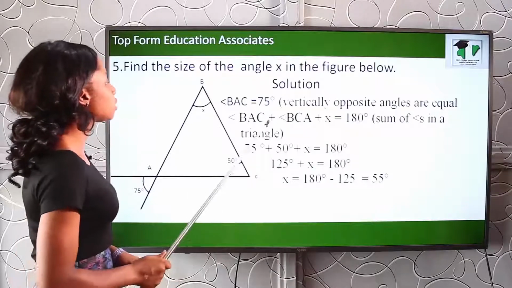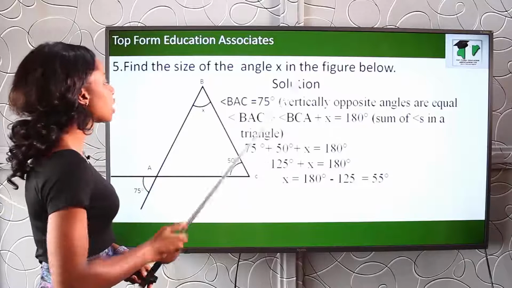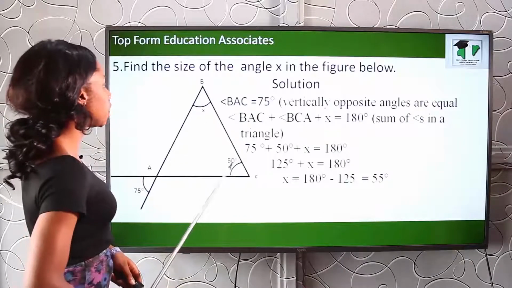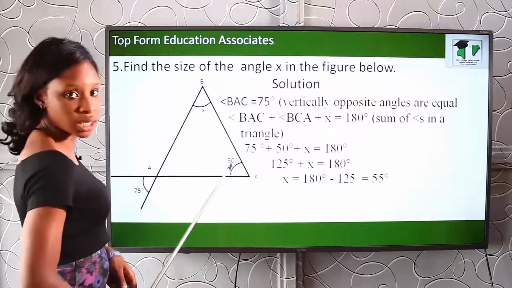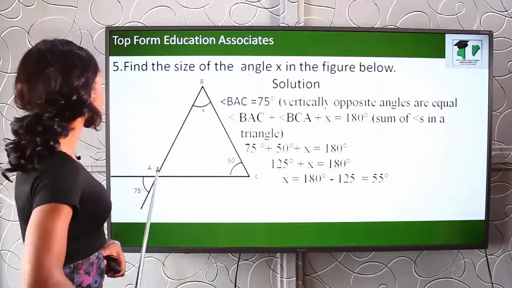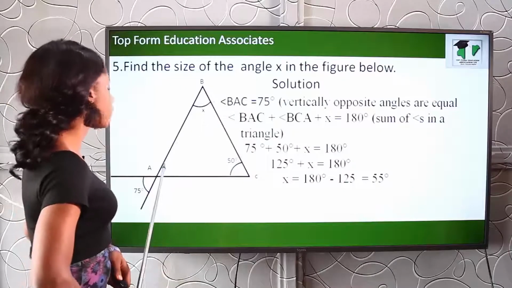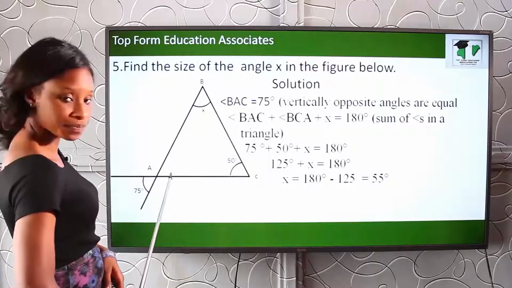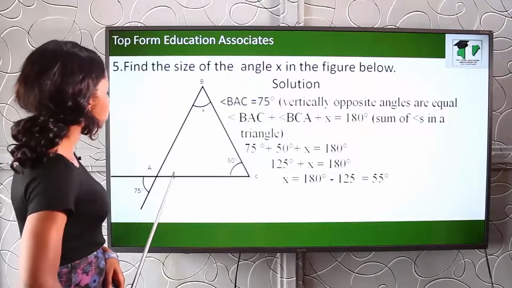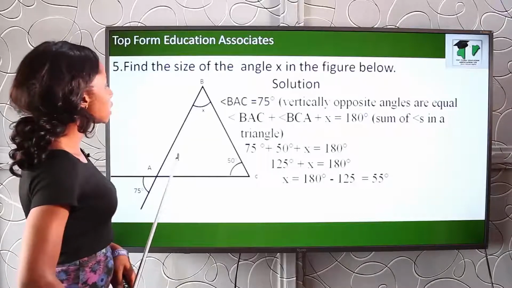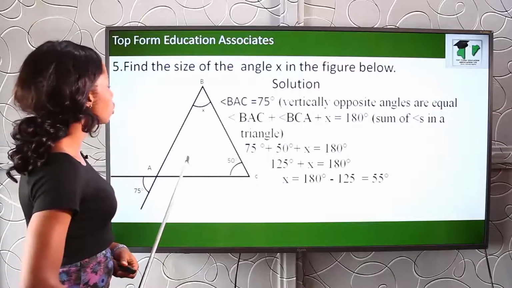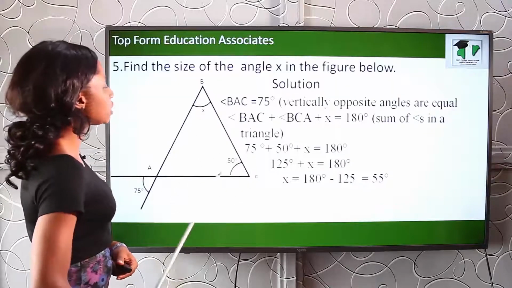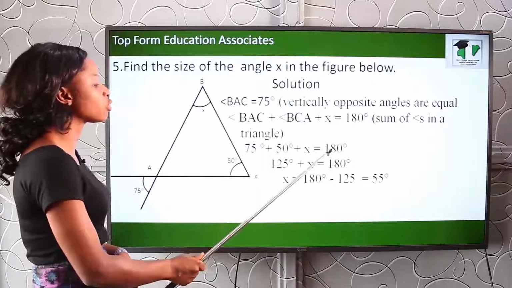Now, angle BAC plus angle BCA plus x is 180 degrees. This is angle BCA, which is 50 degrees, and we just got angle BAC as 75 degrees because vertically opposite angles are equal. So to get the value of x, we have 75 degrees for BAC, 50 degrees for BCA, and x equal to 180 degrees.